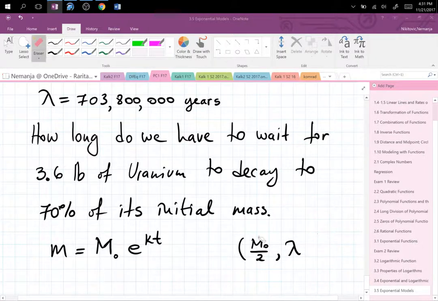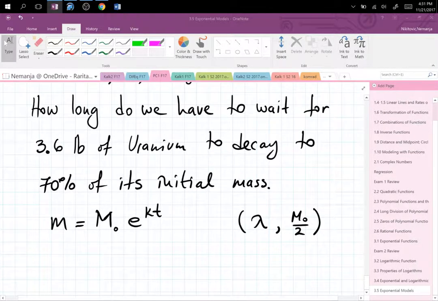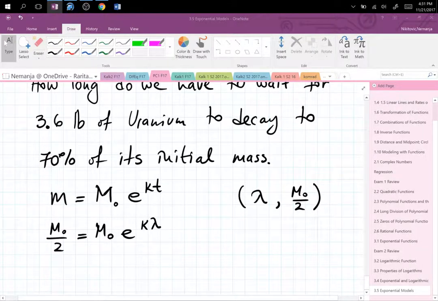So we plug this in: M0 divided by 2 is equal to M0 e to the k lambda. And you see that these M0s cancel, which means it doesn't matter how much uranium you're starting with.